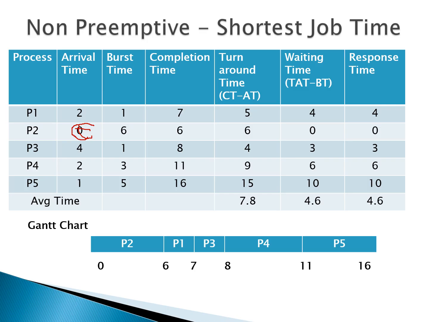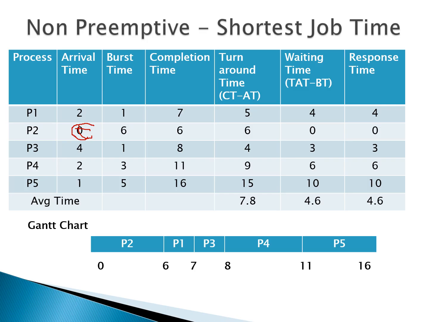Similarly, the completion was 8, 8 minus 4 is 4, and here 11 minus 2 is 9, and 16 minus 1 is 15. When you calculate the average, the turnaround time is around 7.8.